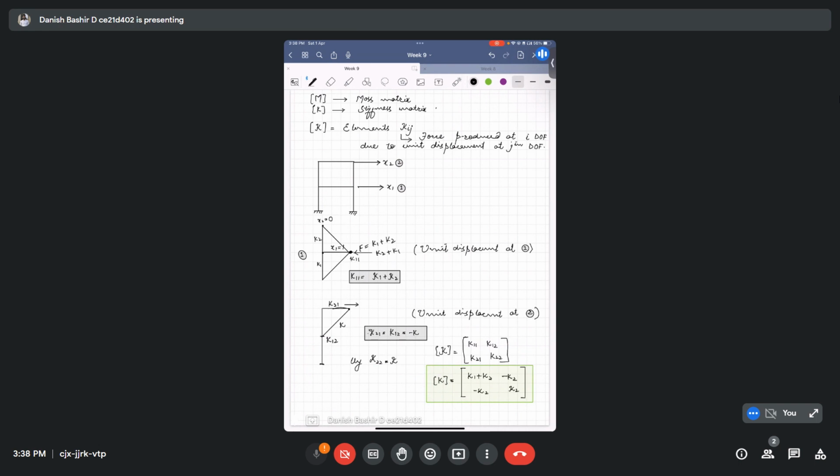How to get the mass matrix? In the mass matrix we have to proceed in the same manner, where Mij is the inertial force produced at the ith degree of freedom due to a unit acceleration at the jth degree of freedom and zero acceleration at all other degrees of freedom.